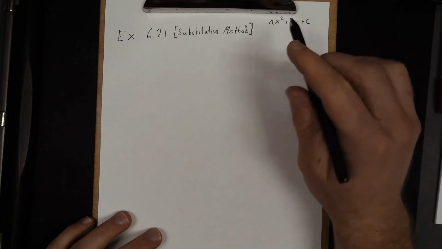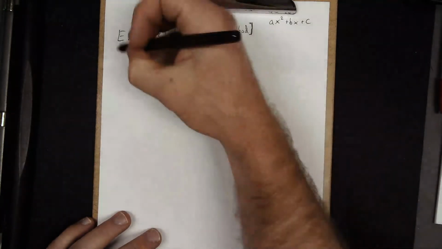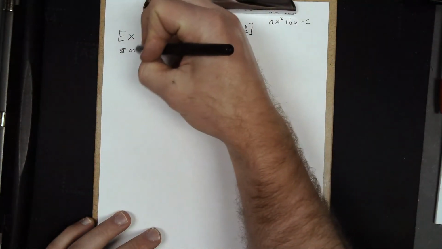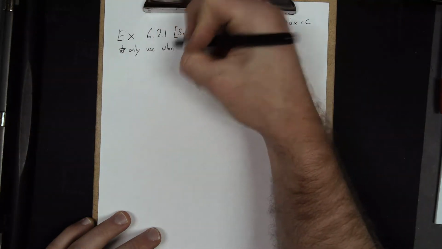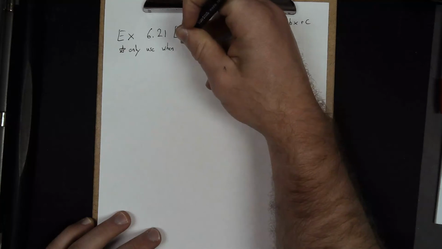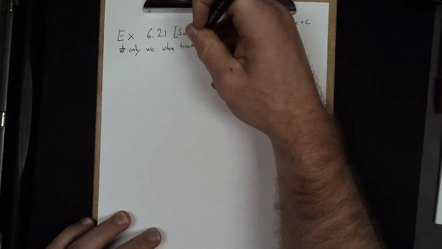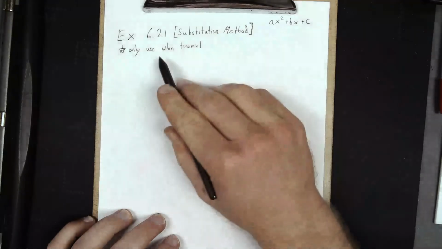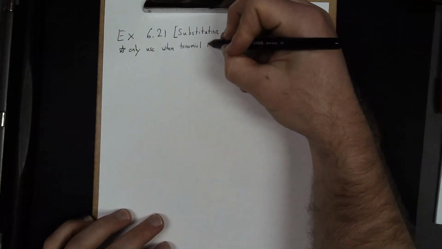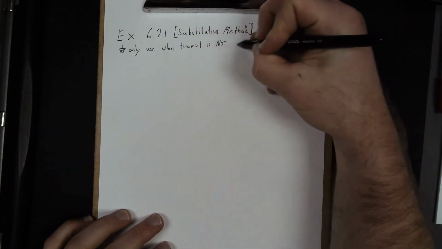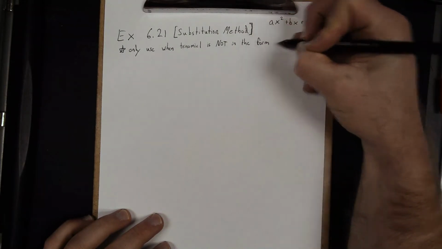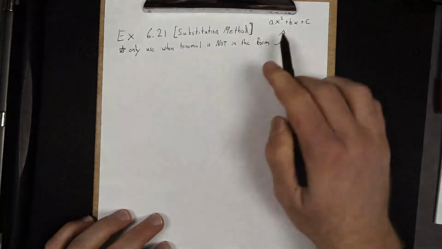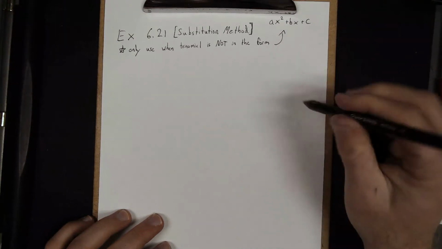So we only use the substitution method when our trinomial is not in the form ax squared plus bx plus c.